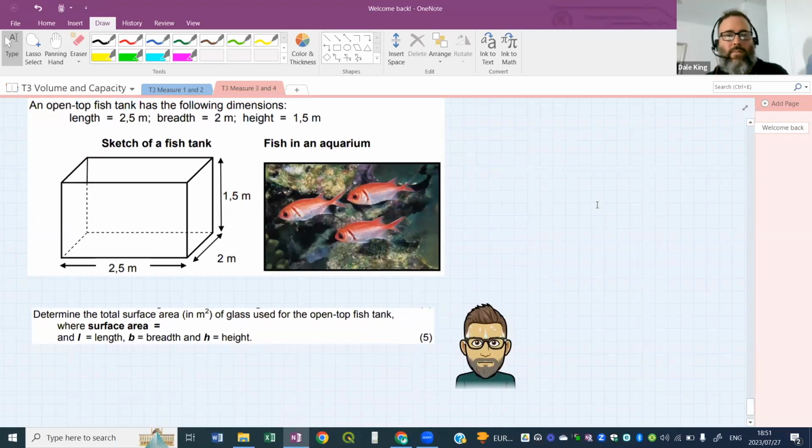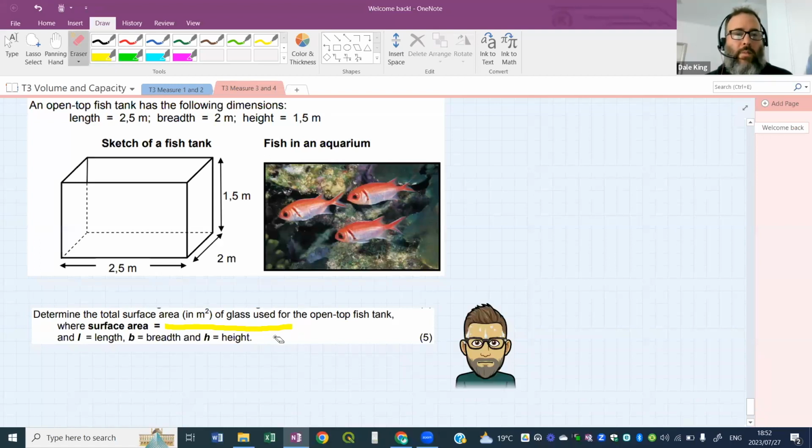Determine the total surface area in meters squared of glass used for the tank. Now, I don't know if you can see, but there should be something here, the formula. I've put this sweating face here like, hey, guys, where's the formula?